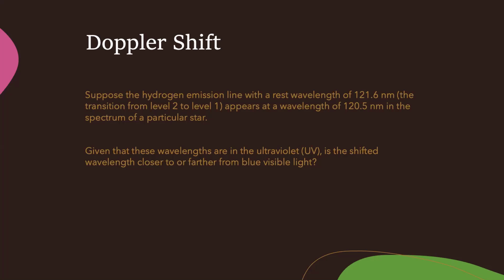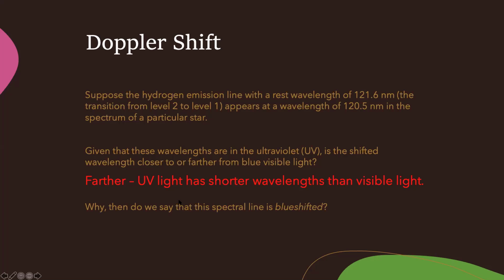It would bring it further away from blue visible light. And yet, even though it's getting farther away, we still say that it's blue shifted. Even though it's getting further away from blue visible light, we still call this an example of blue shifting.